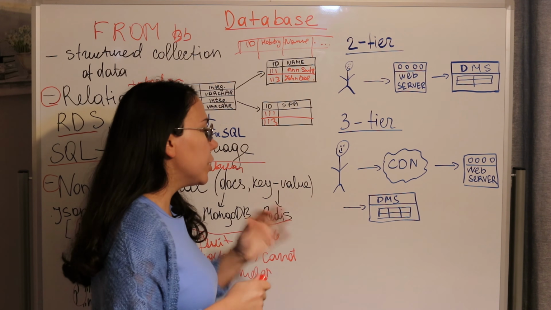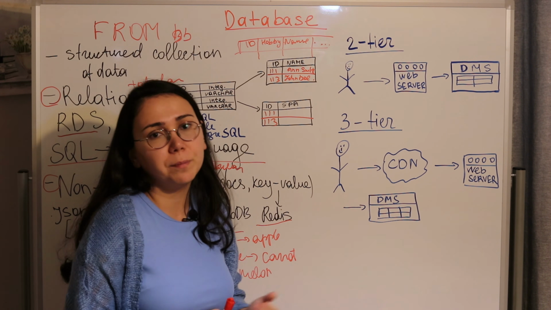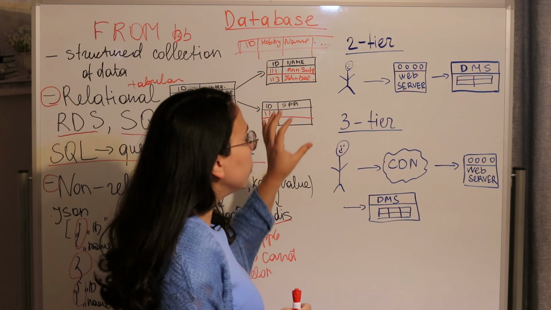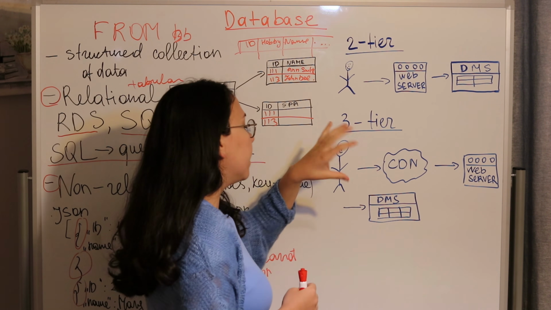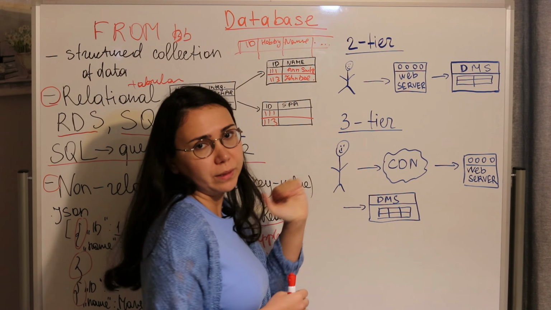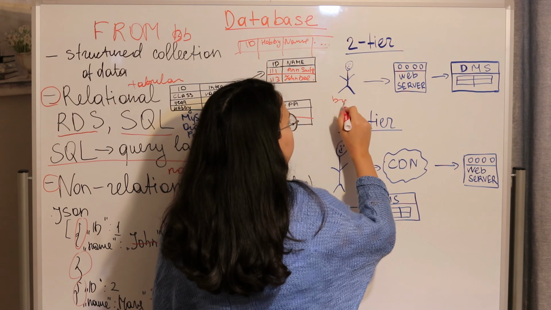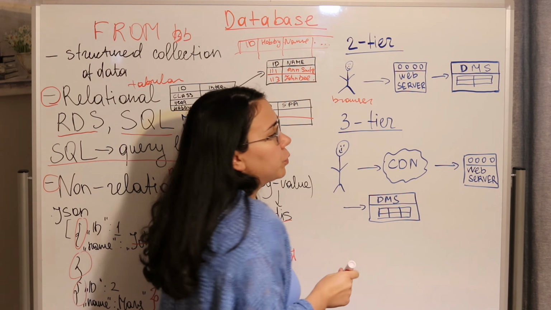Now, I mentioned in the beginning of this video that we interact with databases on a daily basis. We just don't know about it. And it's time for us to look at how the 2-tier or 3-tier architecture looks when a database comes into play. So usually a client, a browser, for example, it can be us, right, interacts with a web server.